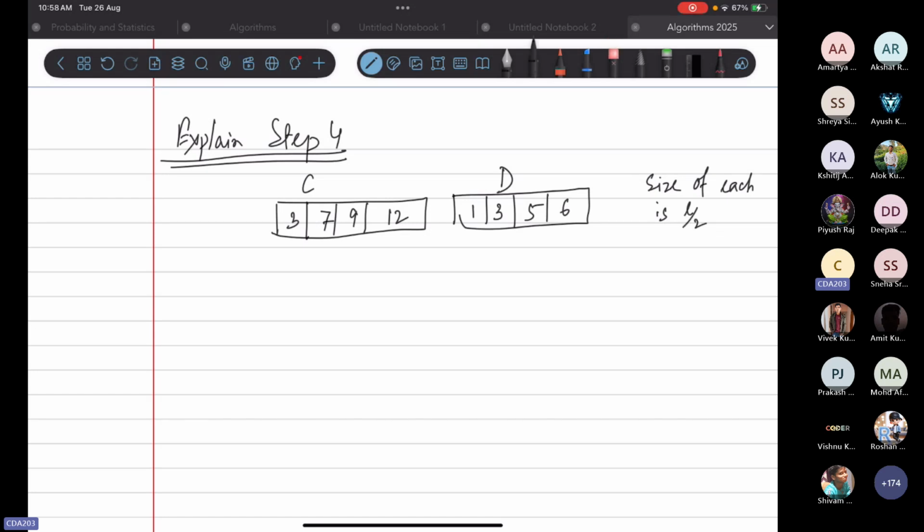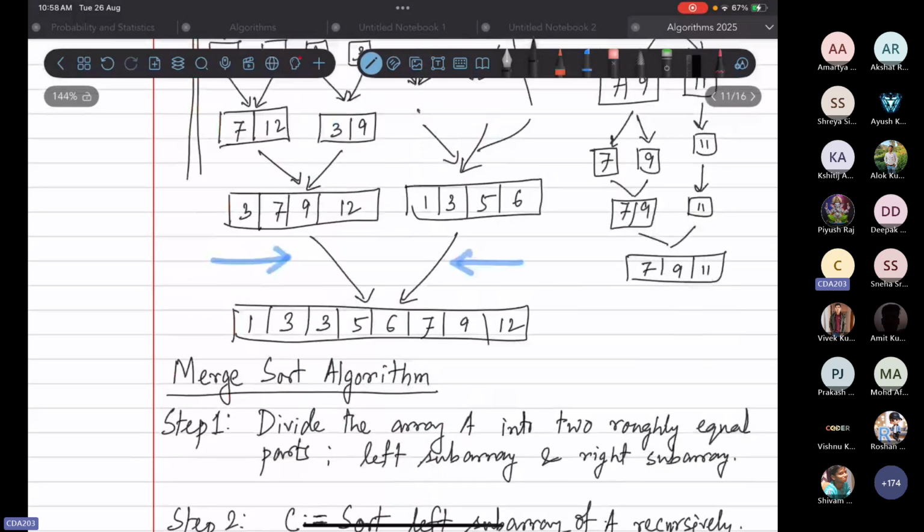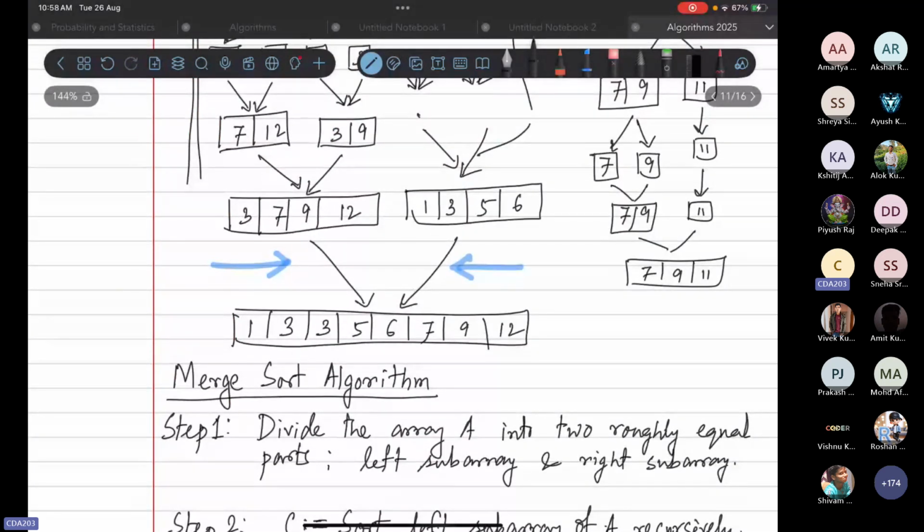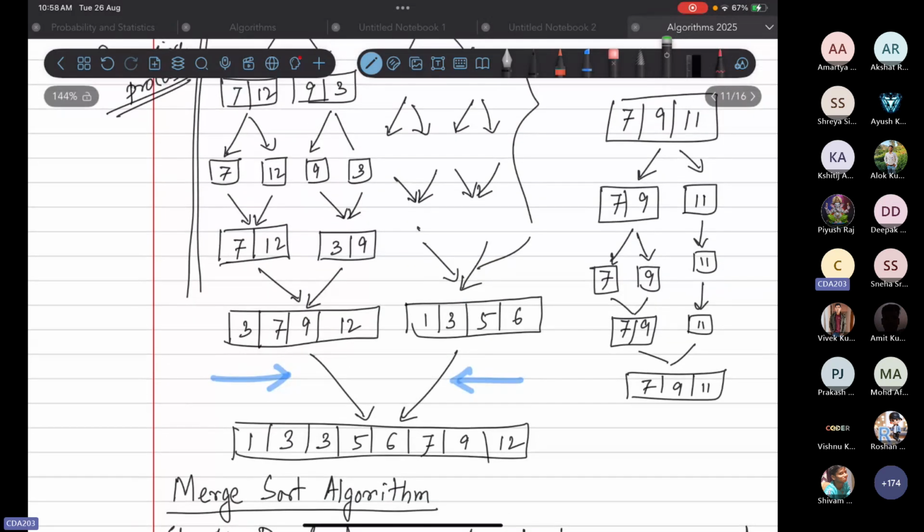Why I'm saying L by 2 is because only if you consider the last step is this size n by 2, and this size n by 2. Now, if you consider this step, this is again step 4, but here my sizes are smaller.